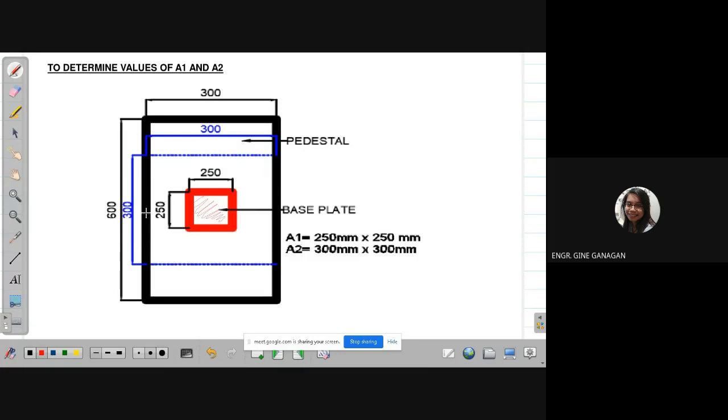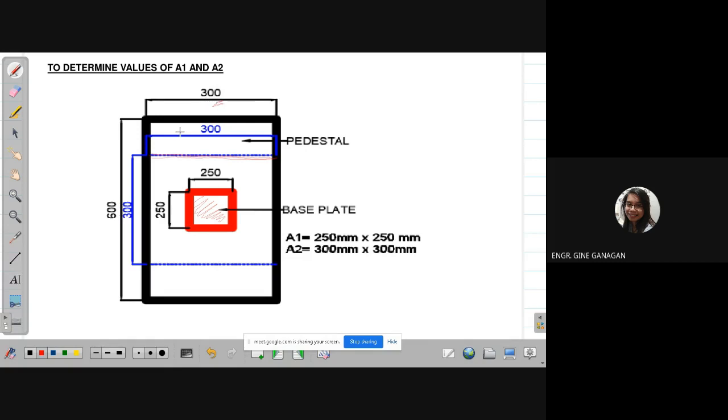So, yung unang gagawin natin is we have to maximize either yung length or yung width ng ating pedestal. Okay? So, in this example, ang min-maximize ko is yung width. We have to maximize yung width. Yung dito sa example, ang min-maximize ko is yung width ng ating pedestal, which is through 300.